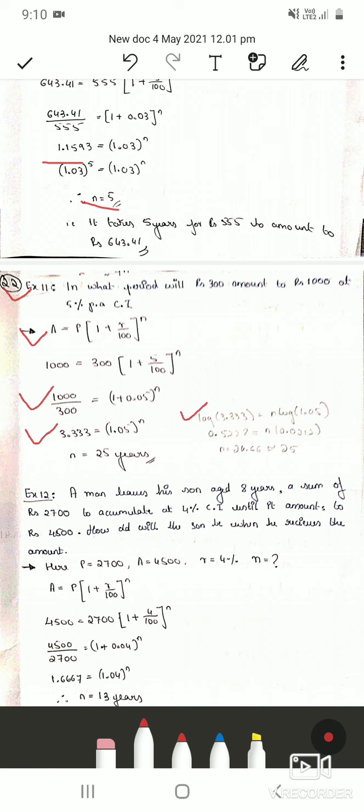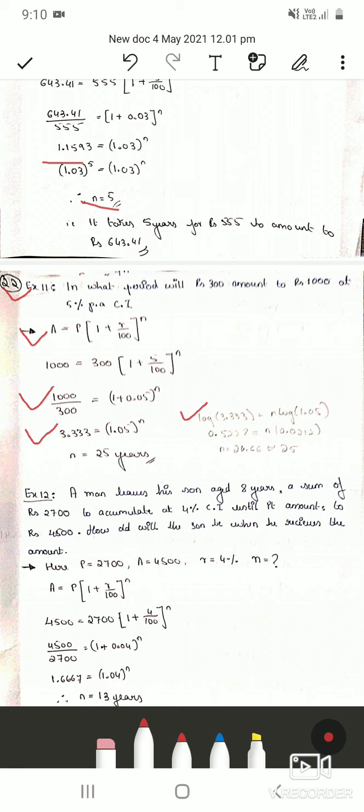So here I have explained how to take log. Every problem I won't be explaining because in third sem you have studied logarithms. You guys practice it and study. So it is log of 3.33 equal to n into log of 1.05.